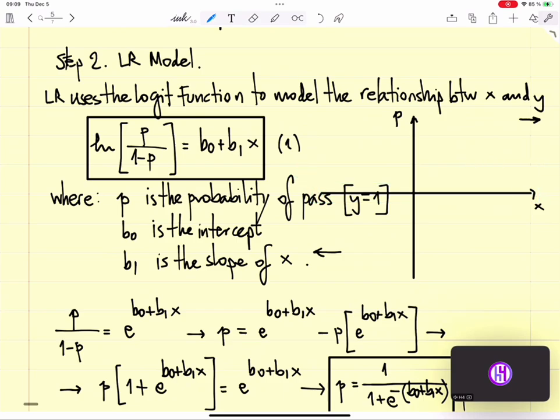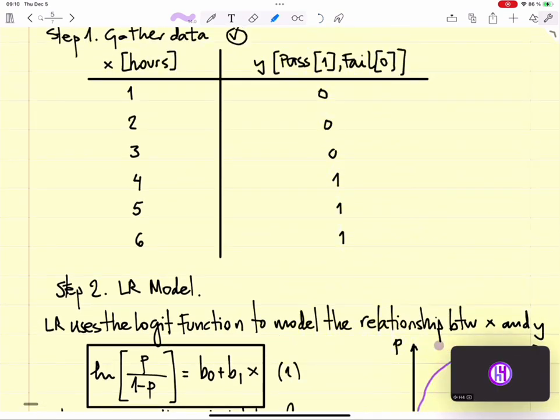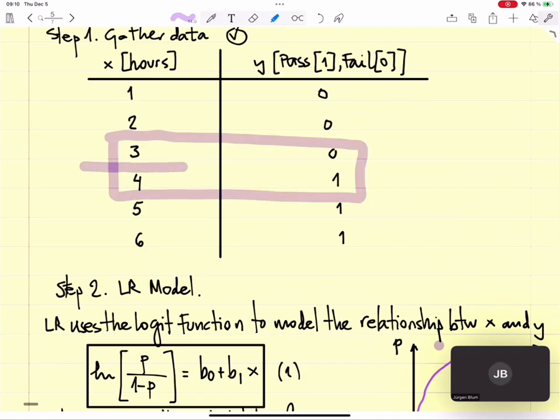So if you have those two behaviors asymptotically, and I painted you that little S curve before, what we can say somehow is that our sigmoid function is going to be something like this. Okay? So what we're looking for here is the transition. We don't know where this transition is going to be. At what x is the transition going to be in our data, right? So you look for the value of the transition. Yeah, 3 and 4. And then you take the 4. You say, okay, in this transition, I'm in the middle.